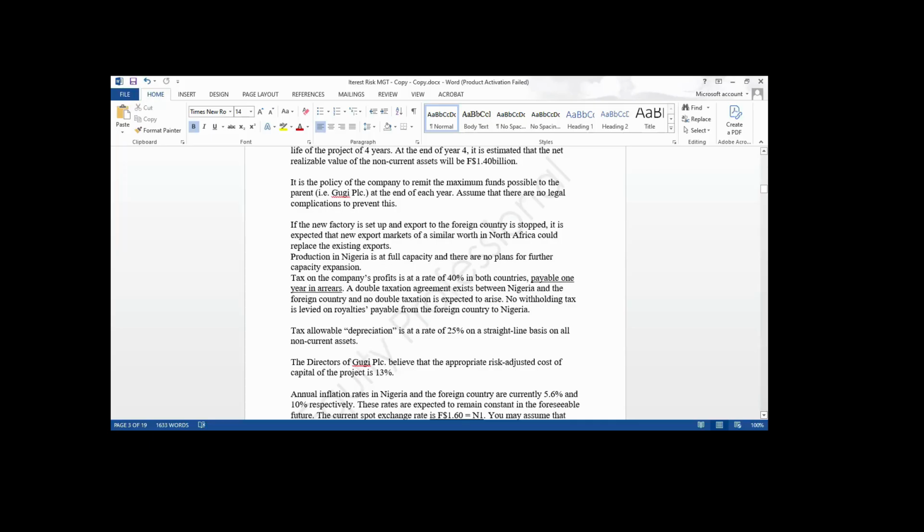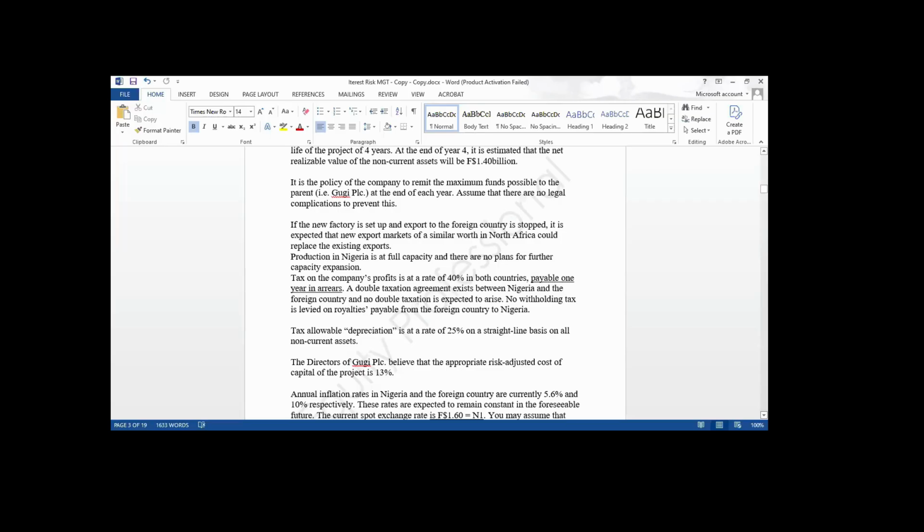Tax on the company's profits is at a rate of 40%, 1 year in arrears. In Nigeria, tax is 40%. In the foreign country, tax is 40%. And tax is payable 1 year in arrears.